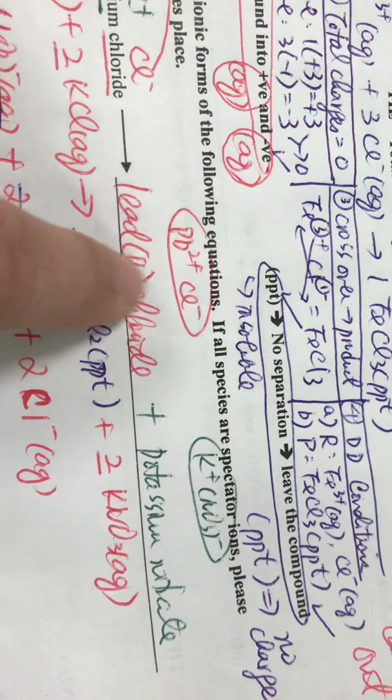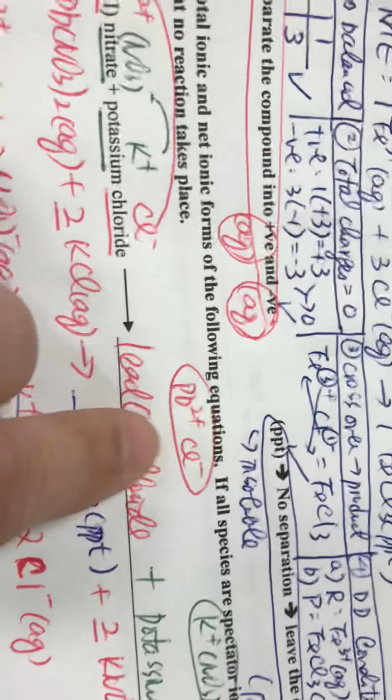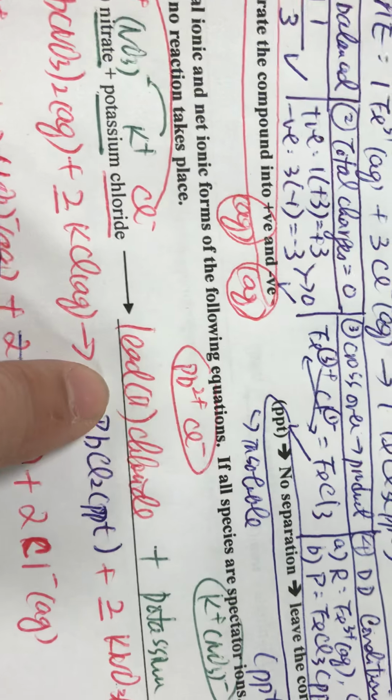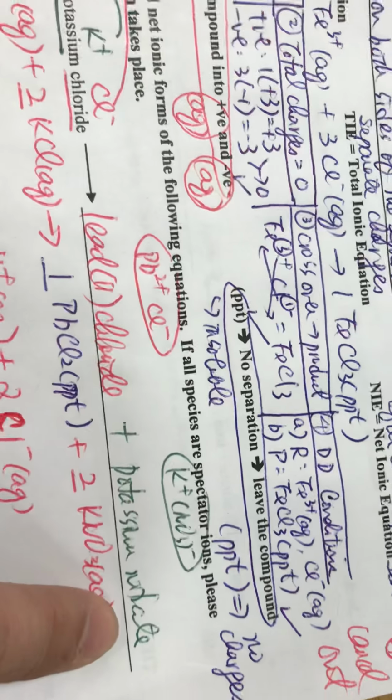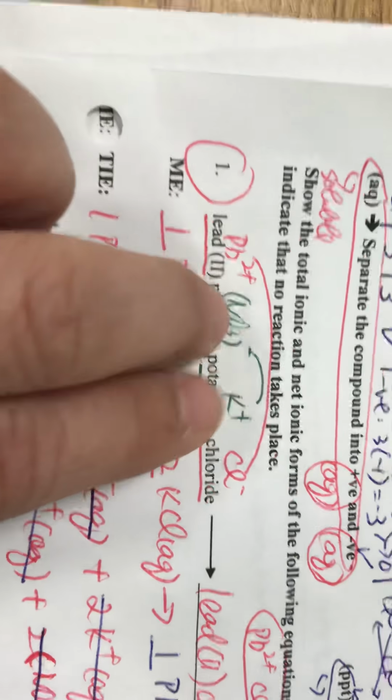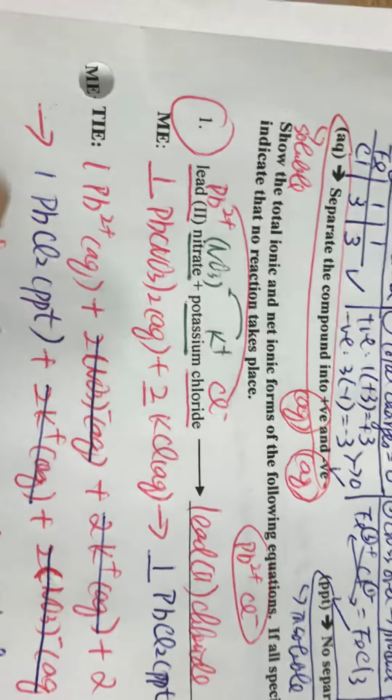You can actually do the crossover to form the compound, or you can simply read it from here: lead-2 chloride, potassium nitrate. But be careful, positive goes first, so it would not be nitrate potassium, it would be potassium nitrate. So they would be just like our regular worksheet equation.